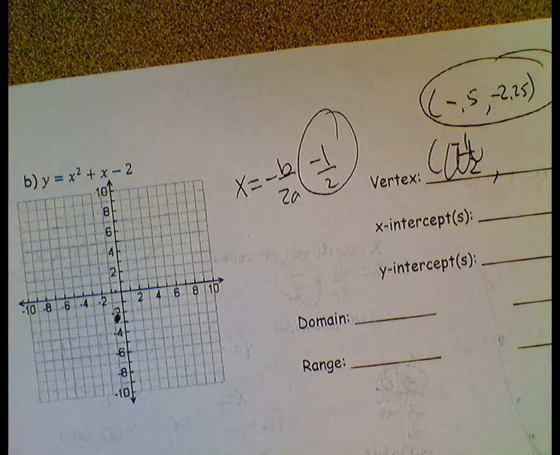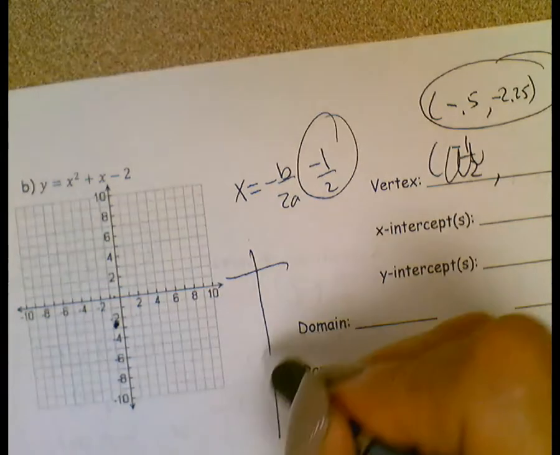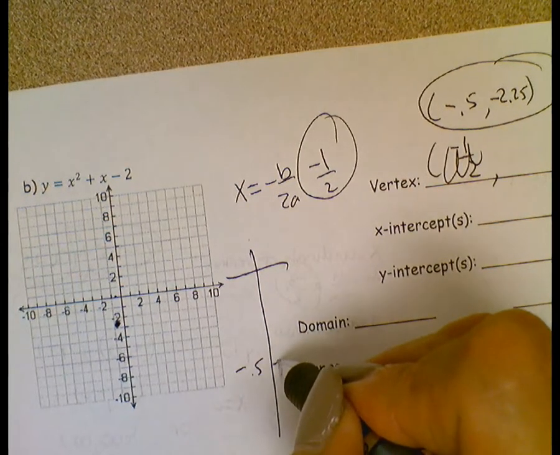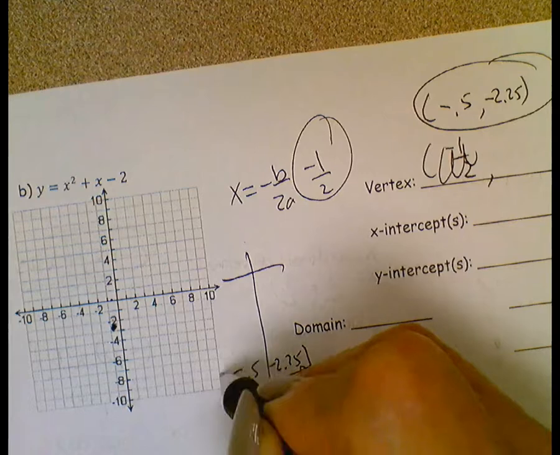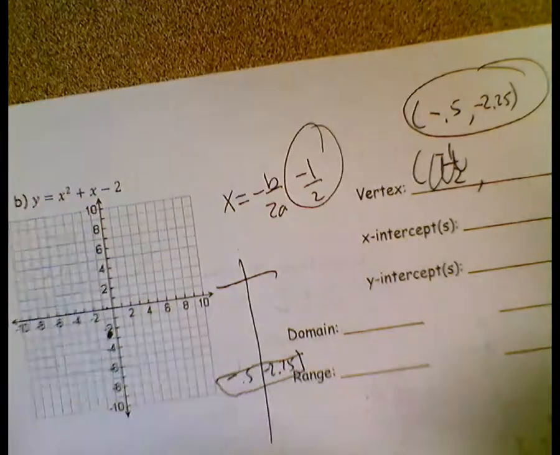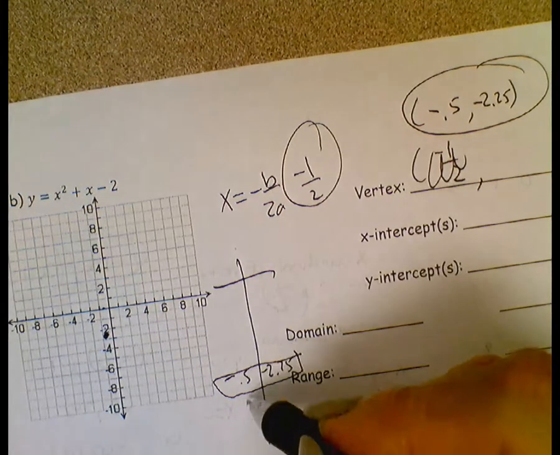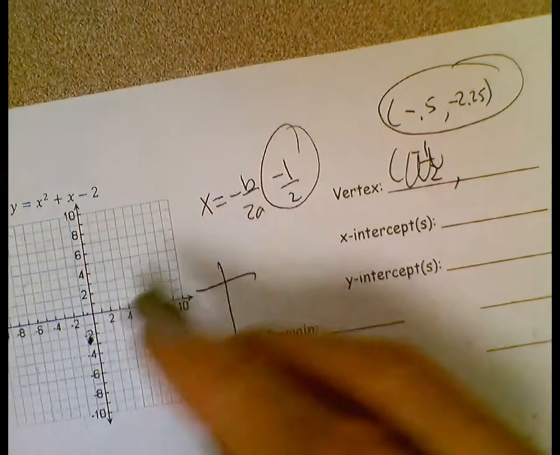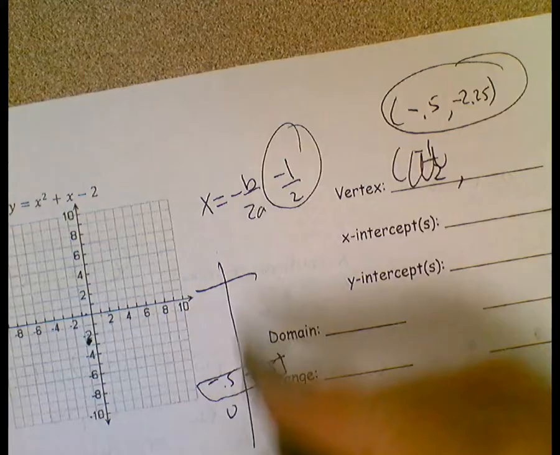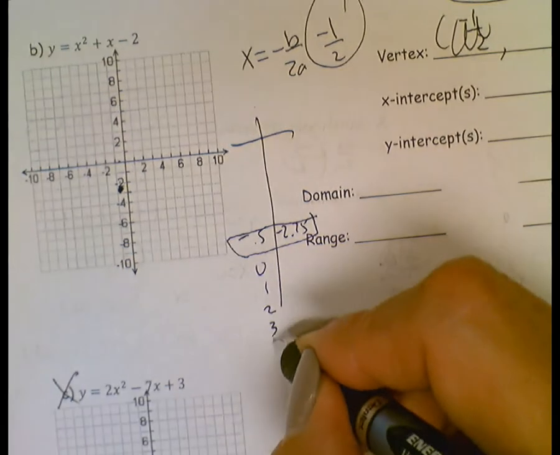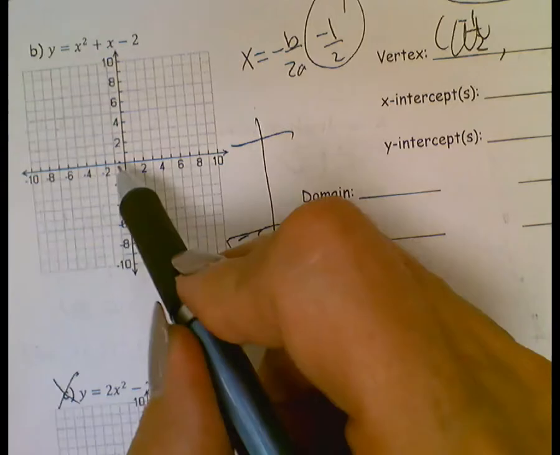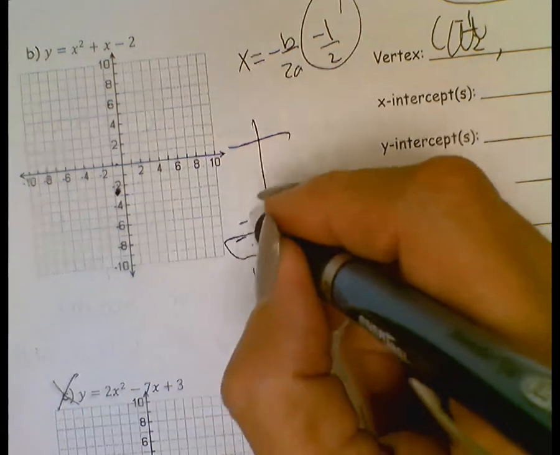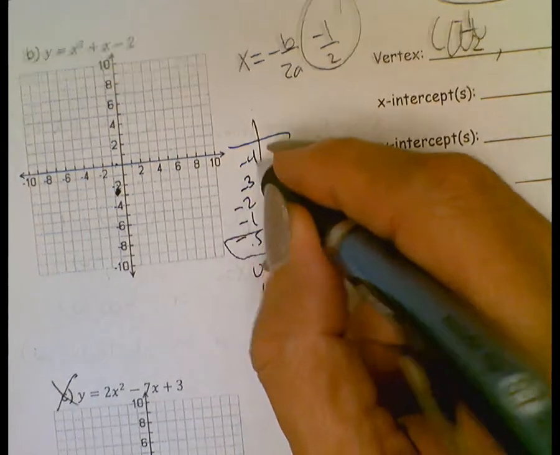All right, x-intercepts. Okay, so we're going to look at our t-table. -0.25. This is your vertex. So what are some numbers that are smaller or bigger than -1/2? If you look right here, you would need 0. Plug in 1, 2, 3, 4. And then what's smaller than -0.5? How about -1, -2, -3, -4?